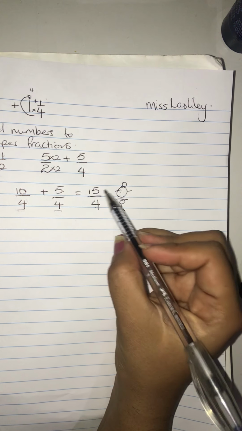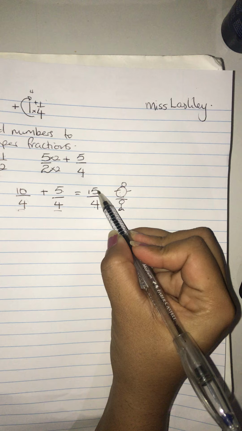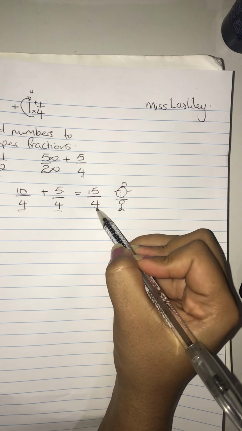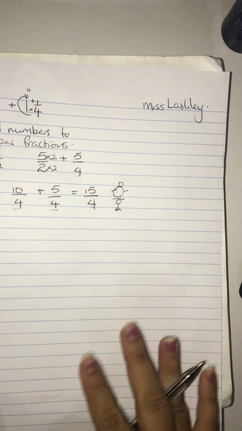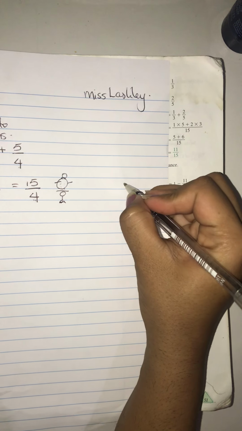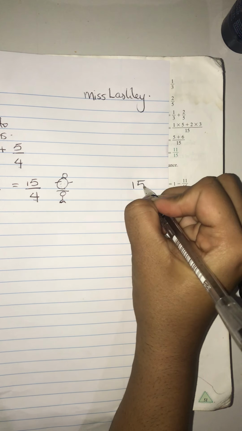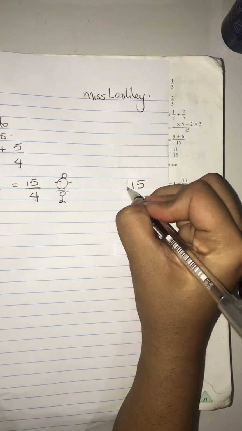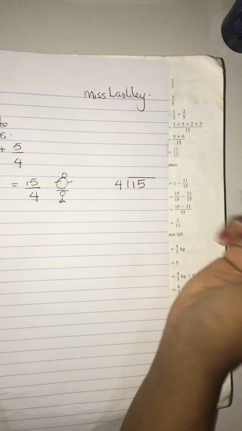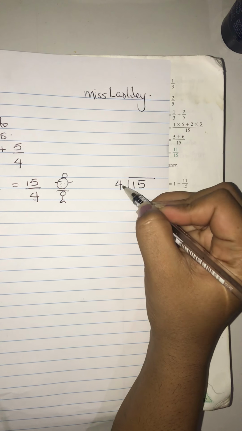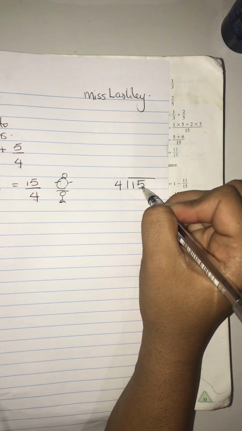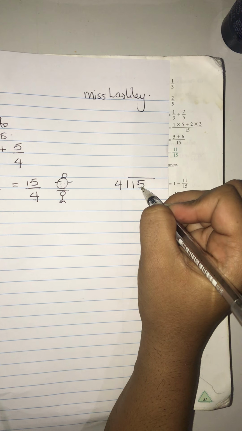How do we do that? This is literally 15 divided by 4. 4 into 15, if we know our tables.